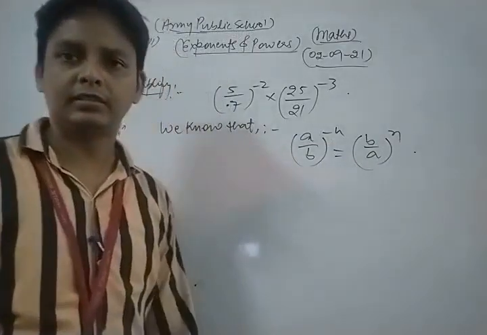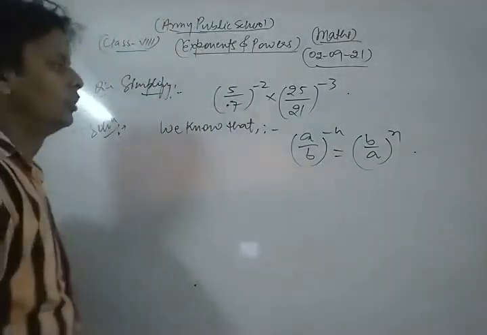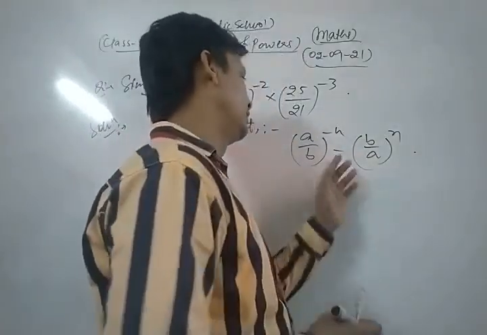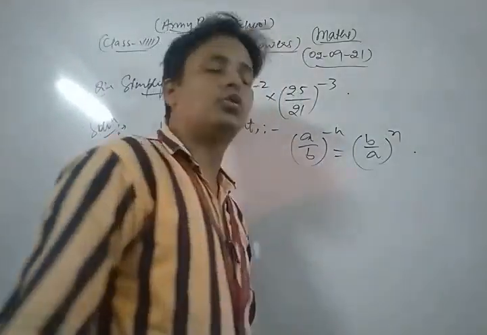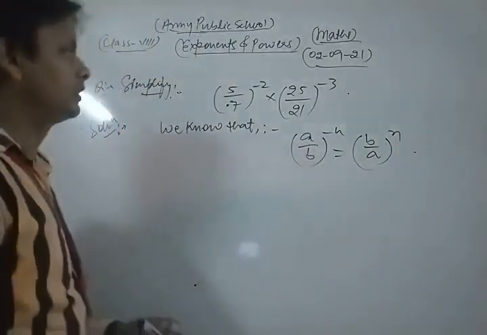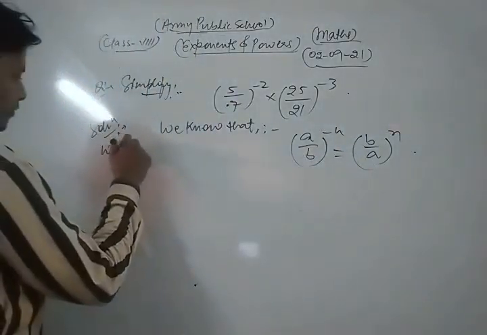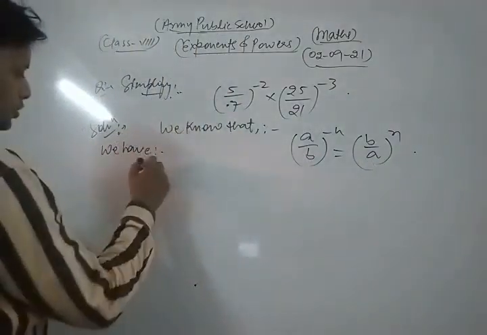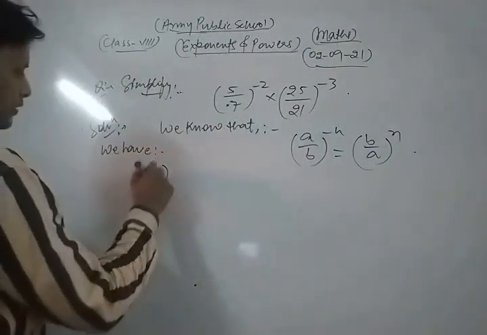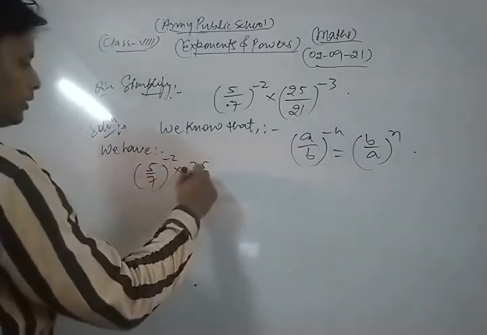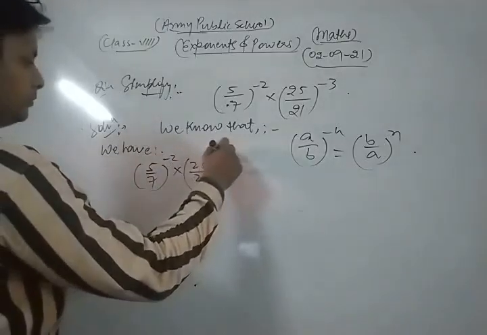Now we have the question: (5 upon 7) to the whole power minus 2 into (25 upon 21) to the whole power minus 3.